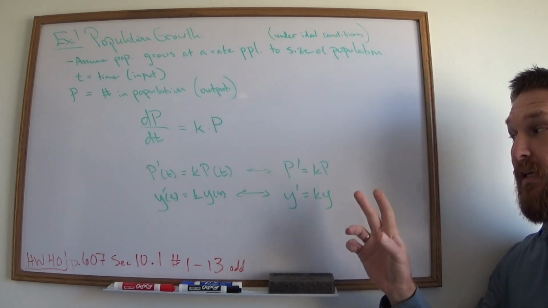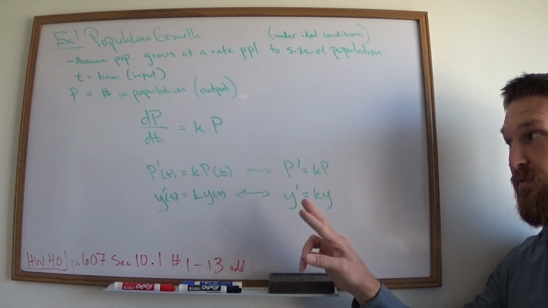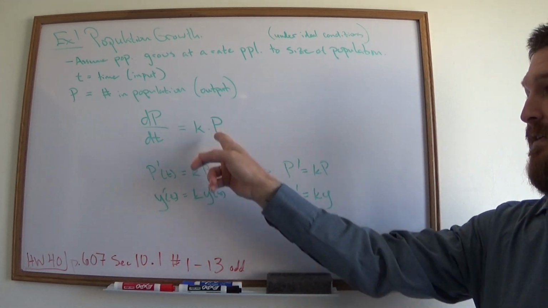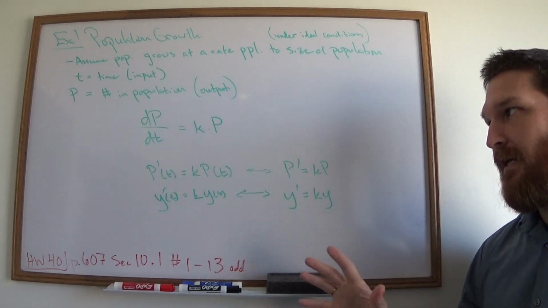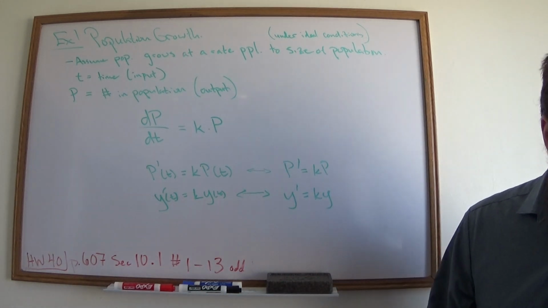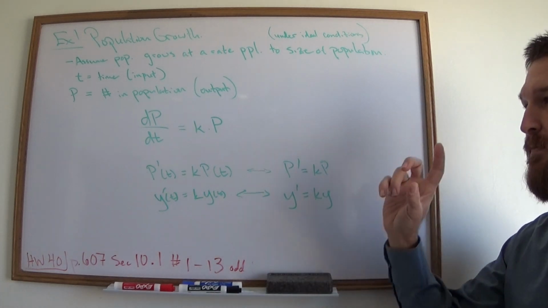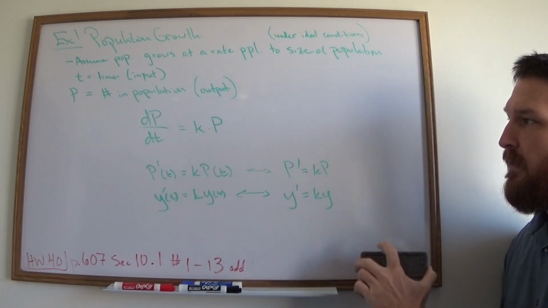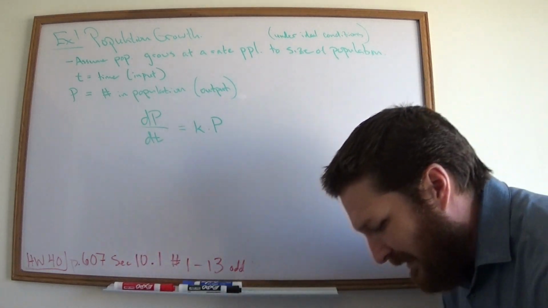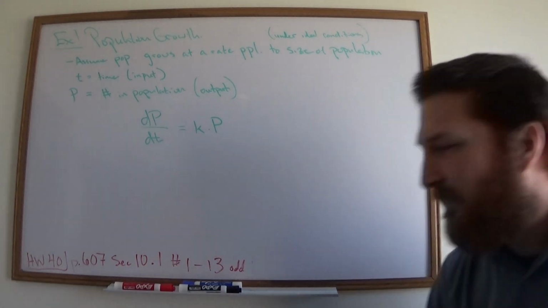And it will be useful for you, if you're going to do stuff with differential equations, to be able to go back and forth between these ways of doing it. Because in some cases, you'll see. We'll get there. It's just good to be able to switch back and forth. Okay? But right now, we'll just use Leibniz notation here, understanding that p itself is not a variable.